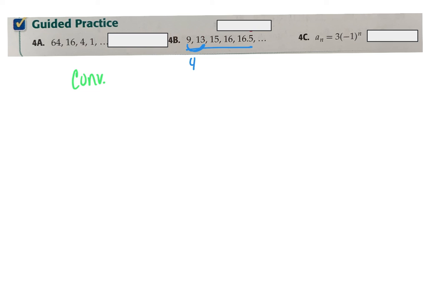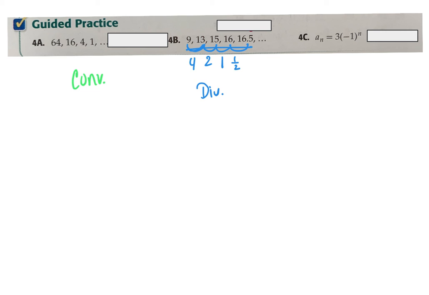All right, and then 13 to 15, you're adding. 15 to 16, you're adding. So you're adding half of what you were adding before. All right? Tricky. So are you moving towards a number? No, you're constantly increasing here. Granted, by not much when you get to the higher terms, but you're constantly increasing. So this one is going to be divergent.